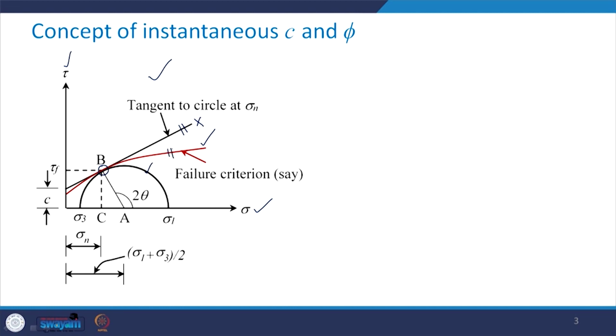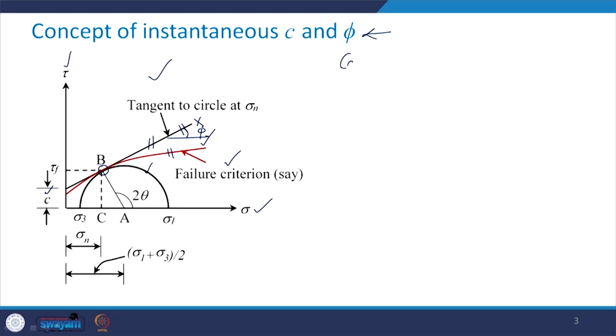This C and this angle phi are defined for this linear curve or straight line. Can we find something equivalent for this failure criterion which is non-linear? The process of finding this instantaneous C and phi we are going to learn here.